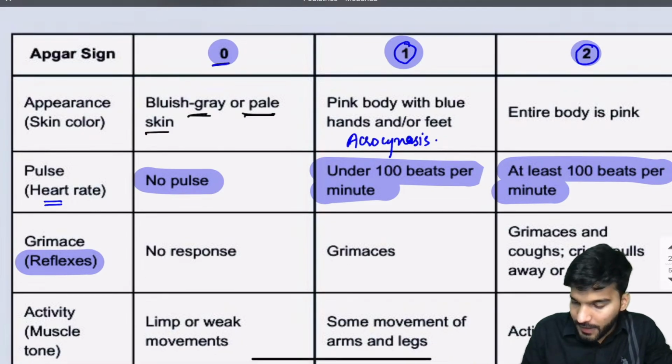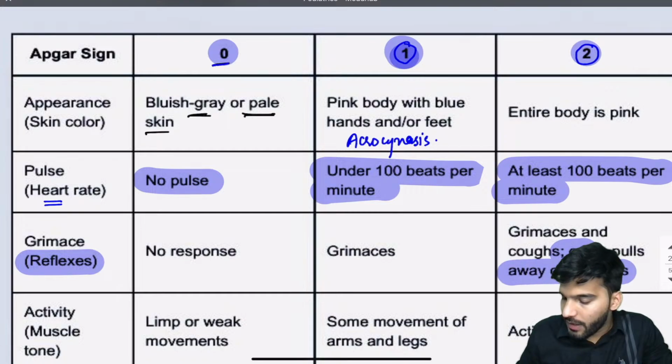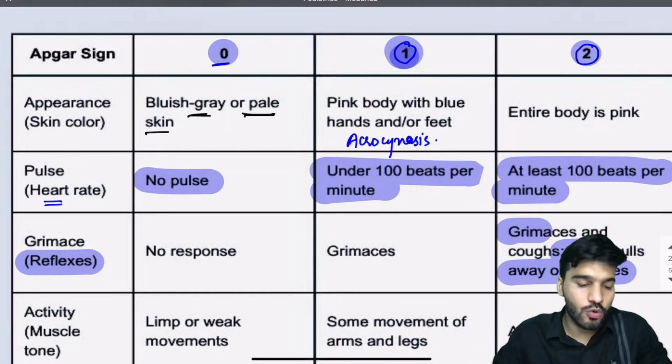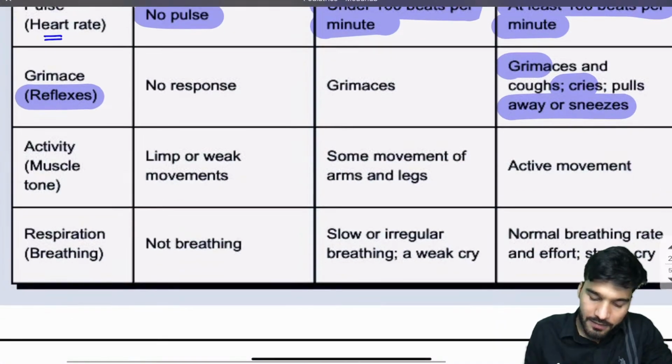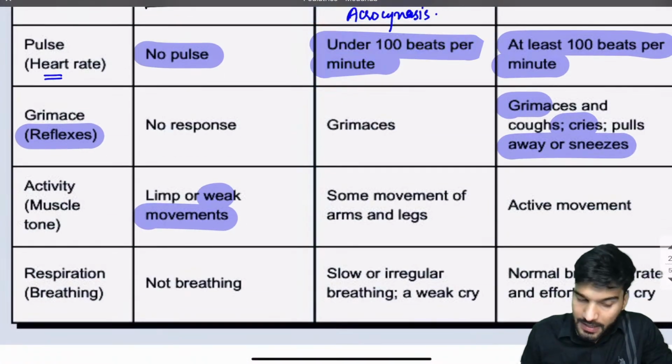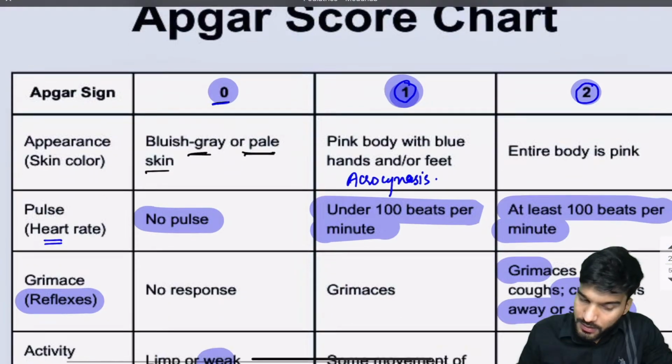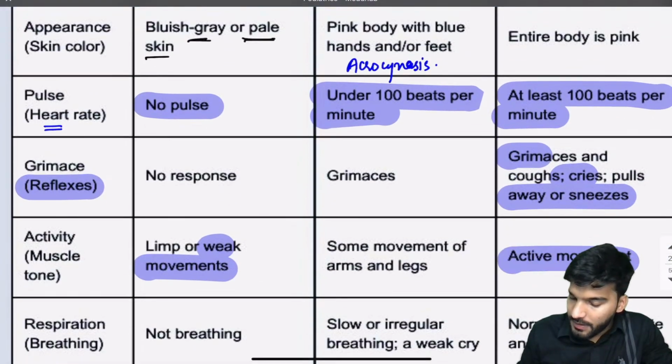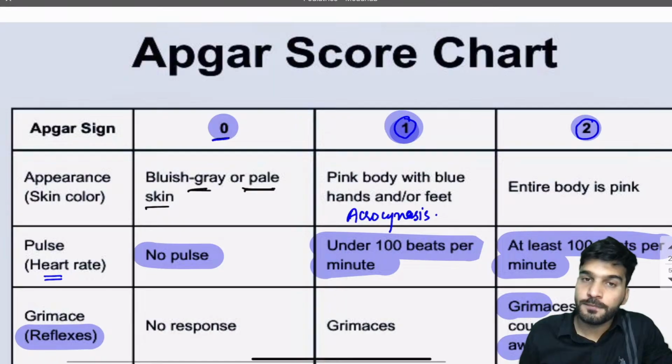If there is some reflex, grimace, it's 1. If there is cry, cough or sneeze, it's a score of 2. If we talk about the activity and muscle tone, weak movements, score 0. Some movements of the arms and legs, score of 1. And active movement, score of 2.